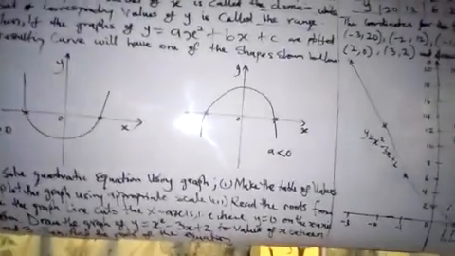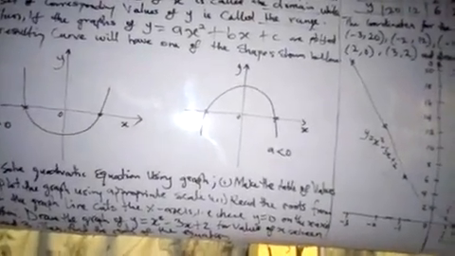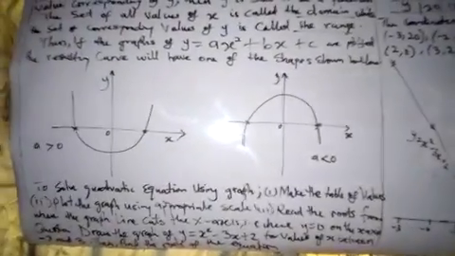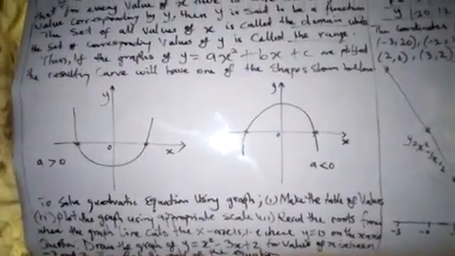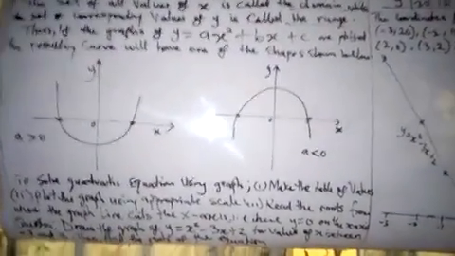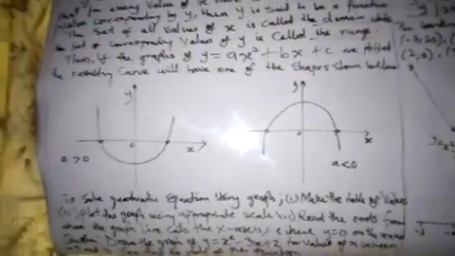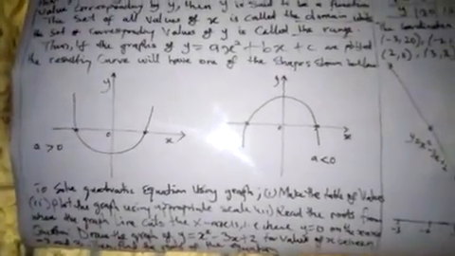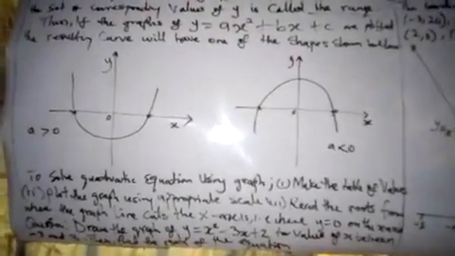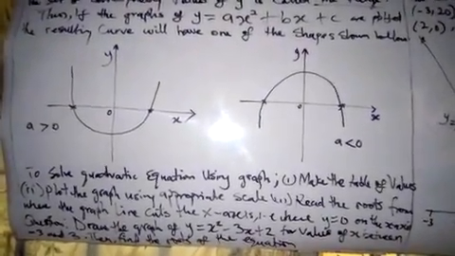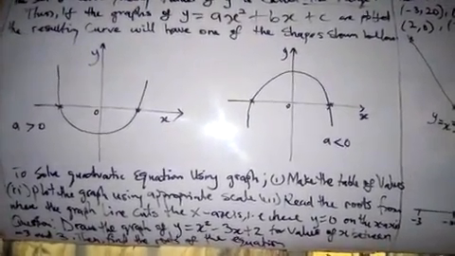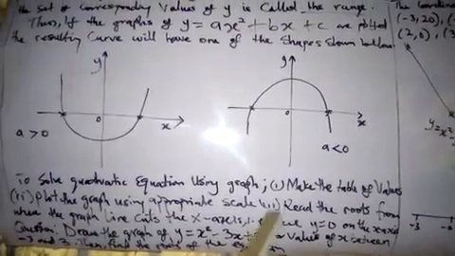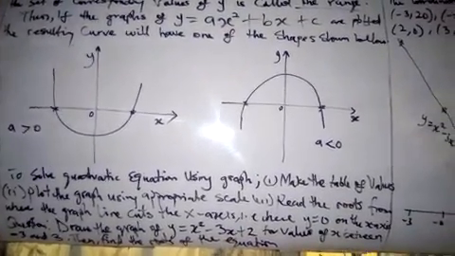You can check our previous videos on how to plot a graph with an appropriate scale. Very important for science students and statistics students to take note of how to plot a graph.